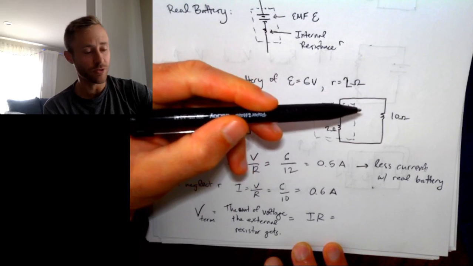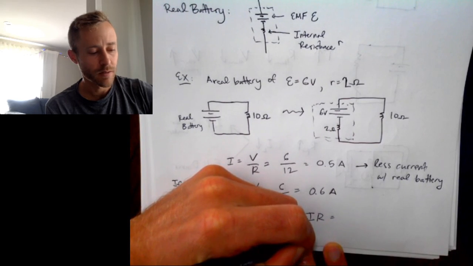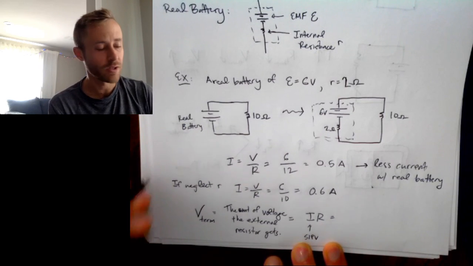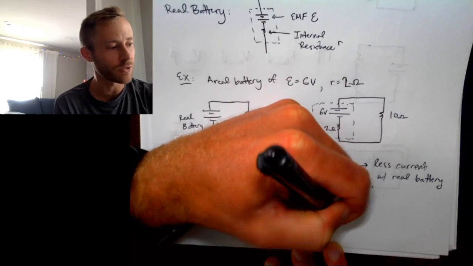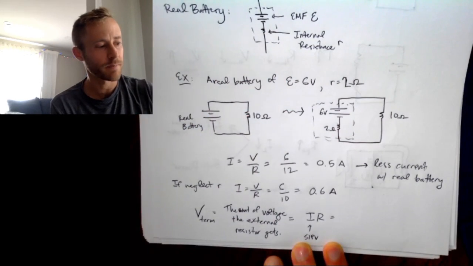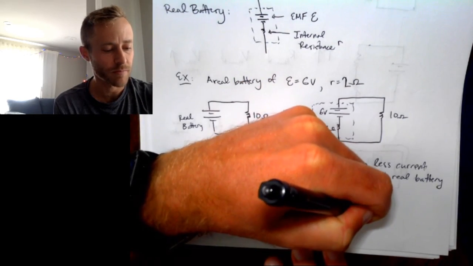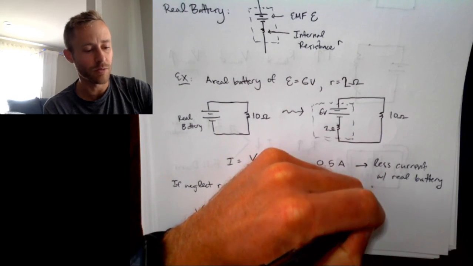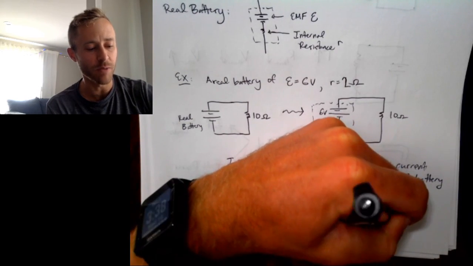This is all a series circuit, and according to SIPEV, series things get the same current, parallel things get the same voltage. So this is a series circuit, so the external resistor is going to get 0.5 amps. The external resistance is 10 ohms. So that means that the terminal voltage is 5 volts.